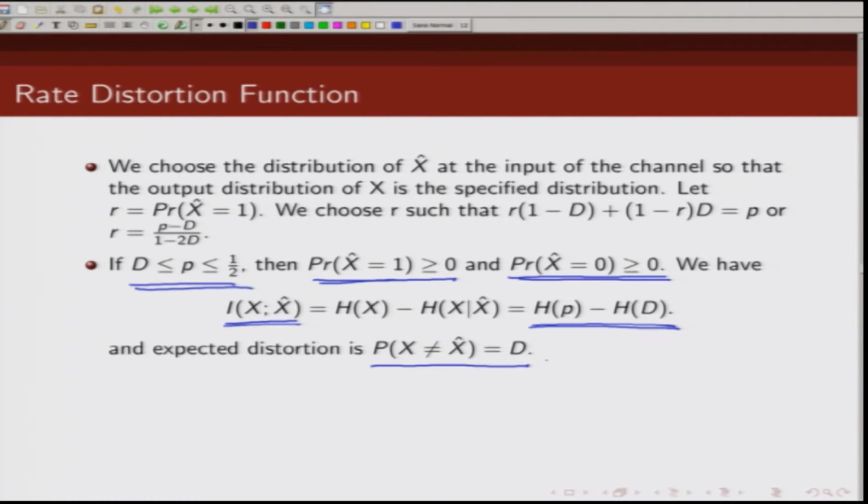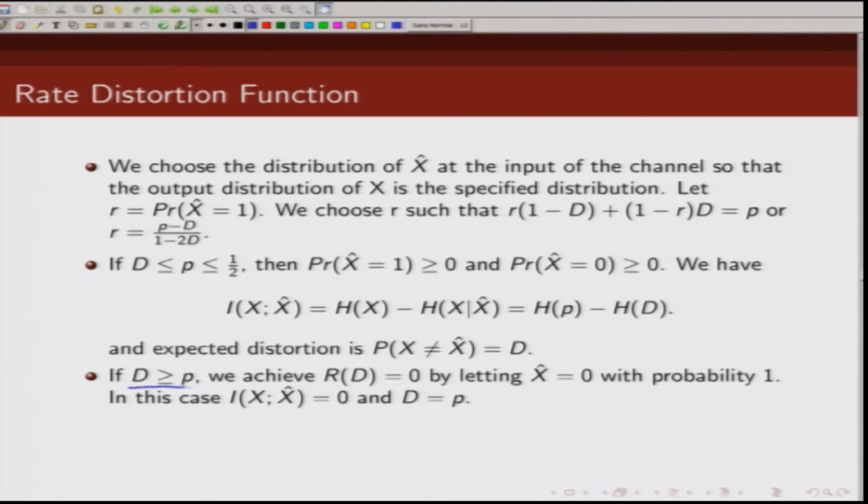So, if we take this input distribution on x hat, we are able to achieve this lower bound. Then the rate distortion function is given by H of p minus H of d.